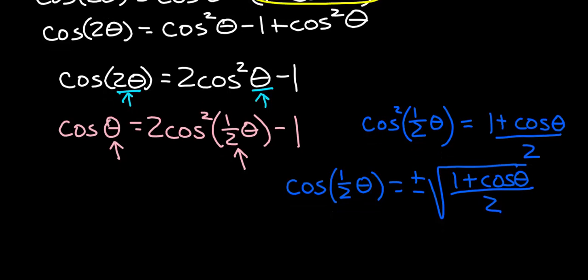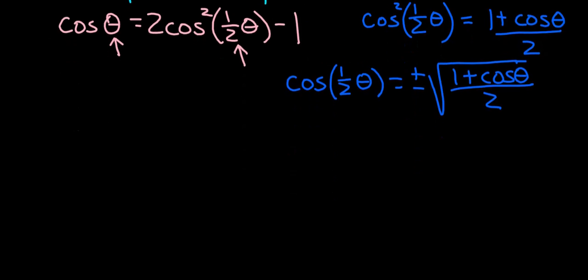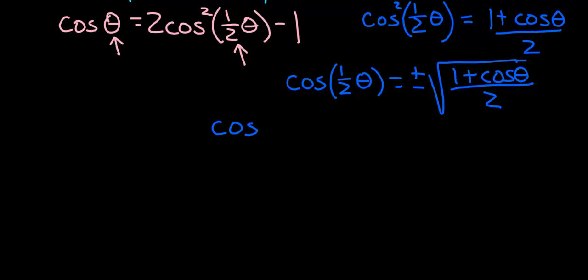Okay, so to get the half-angle formula for sine, I'm going to go back to this thing. We have cosine squared theta minus sine squared theta, and that equals cosine 2 theta. So this is something we're familiar with. And this time I want to replace cosine squared theta with 1 minus sine squared theta.